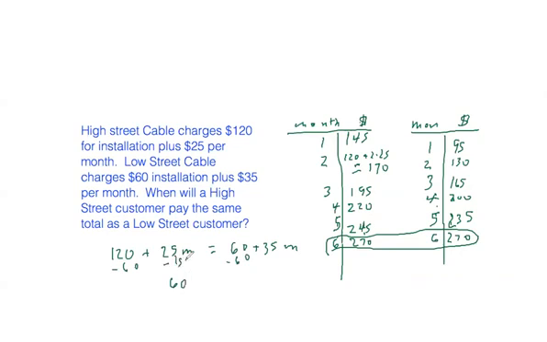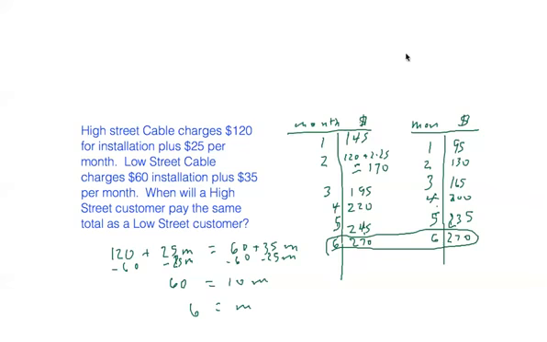Subtract 25m from here and here and get 10m. Divide by 10 and I get 6 months the same way. I guess it's kind of a toss-up which one you'd want to use. This might be a little faster, but then again, you have to think of this formula.